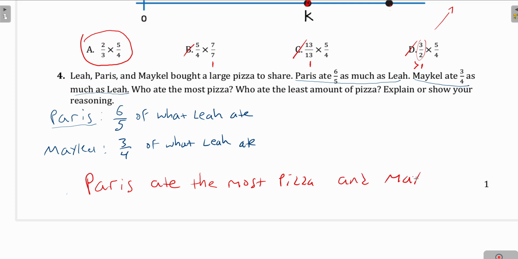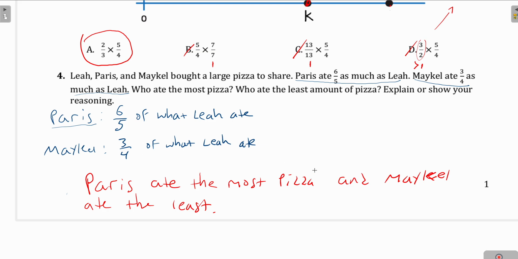Michael ate the least pizza. So how do we explain this? Well, we explain how 6/5 is greater than one whole, while 3/4 is less than a whole. So that shows that Paris ate more than Michael.